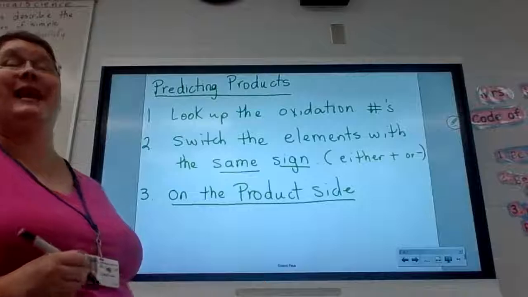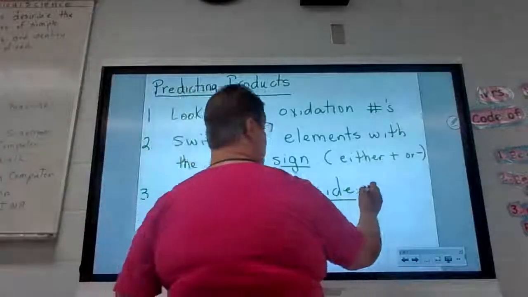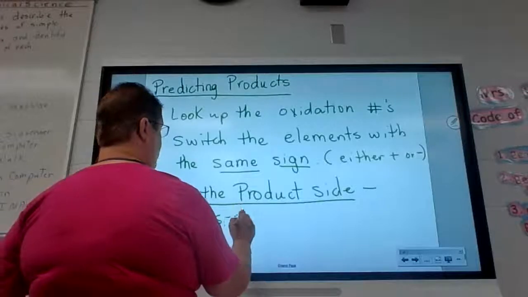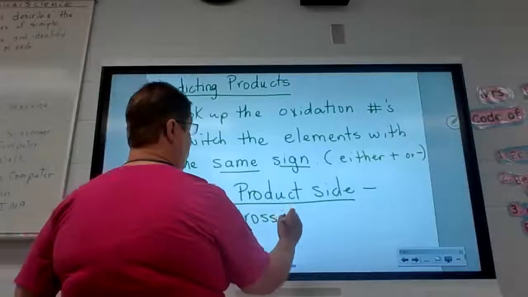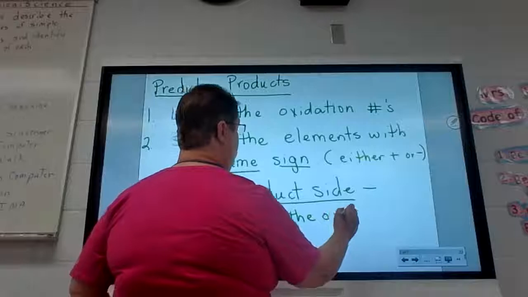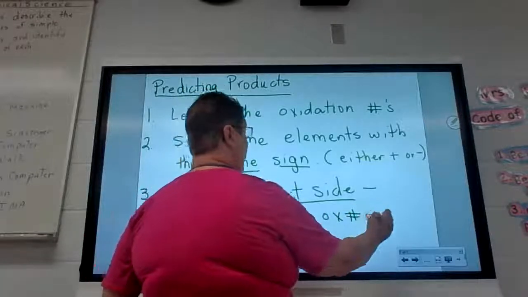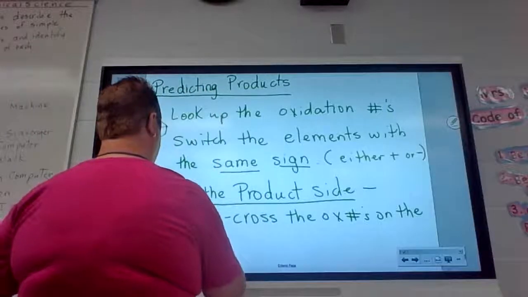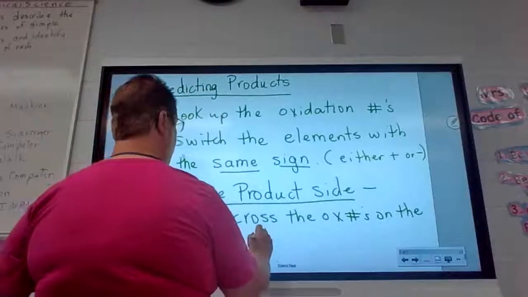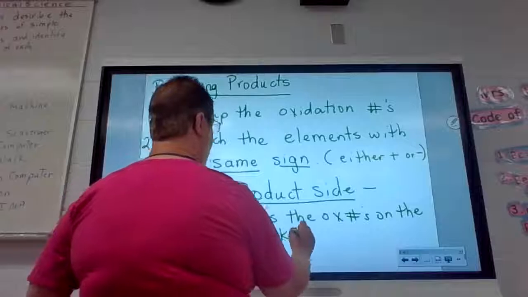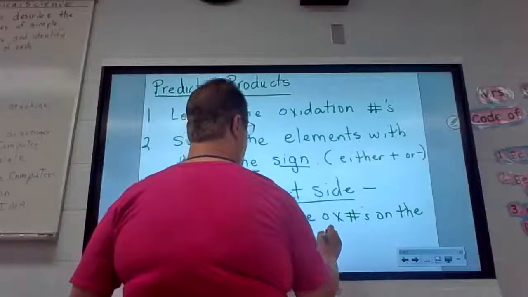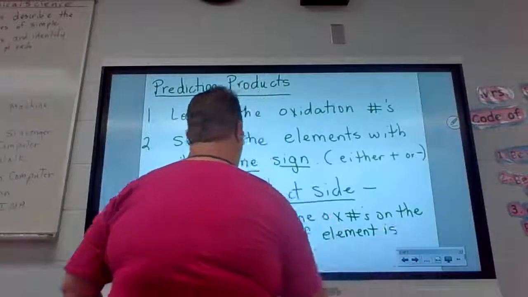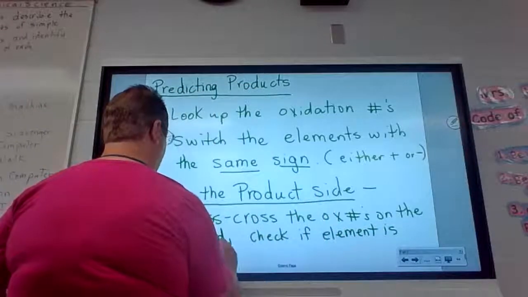On the product side, crisscross the oxidation number on the compound. Check if the element is diatomic.